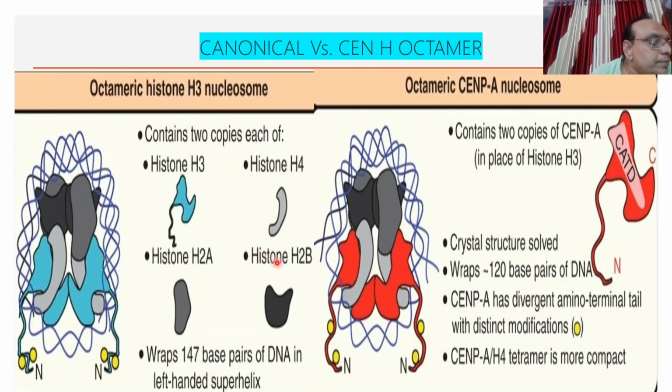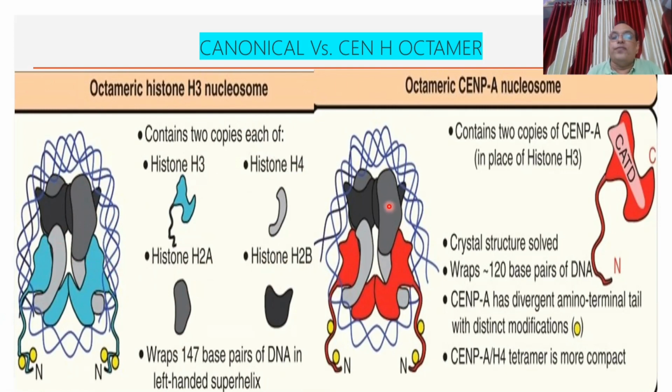I have a question from Saurabh regarding CNP-A versus canonical. So you see, Saurabh, that in canonical histones you have the usual octamers consisting of 2 molecules of histone H3 and H4, which form a tetramer as a scaffolding on which 2 molecules of H2A-H2B impinge as 2 dimers, and so the octamer is formed.